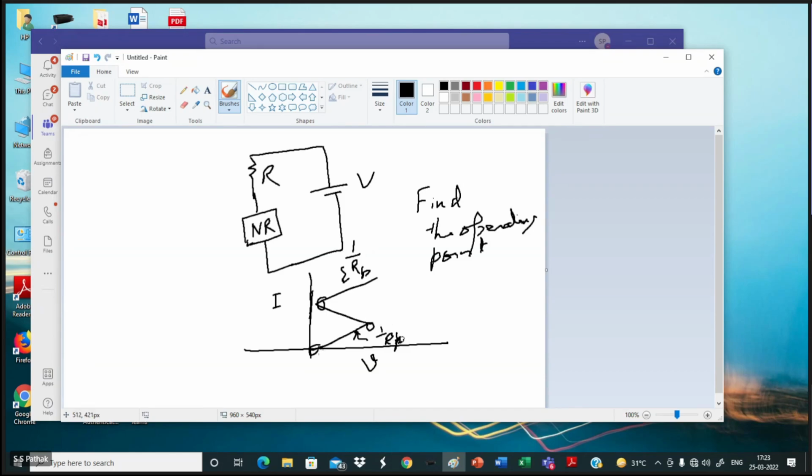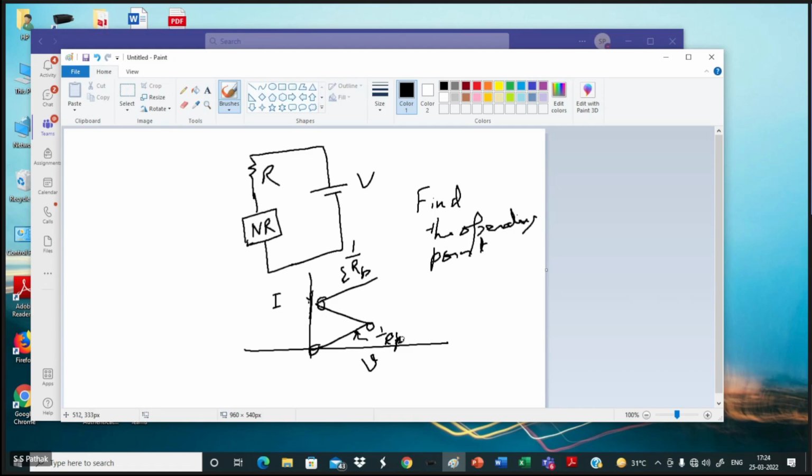These coordinates are there, and you are assuming a straight line. You can find the equation of this straight line by computing the slope. You have computed the slope, and you want to find the equation of this straight line. Unless you extend it to cut here, y equal to mx plus c we cannot get.